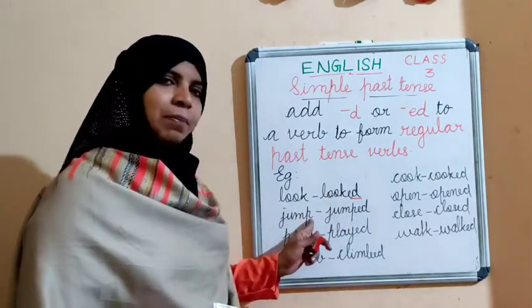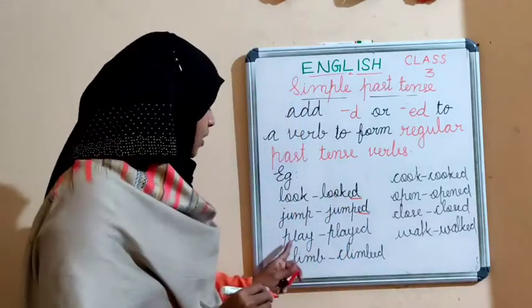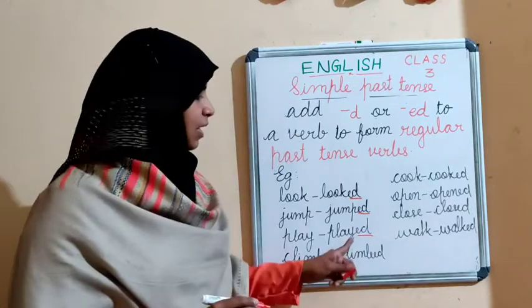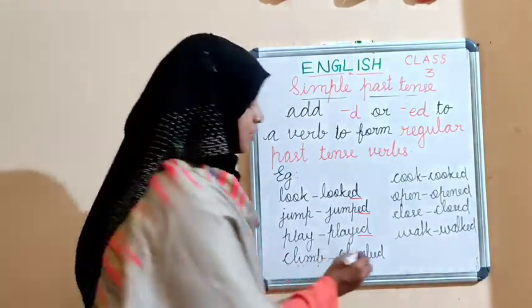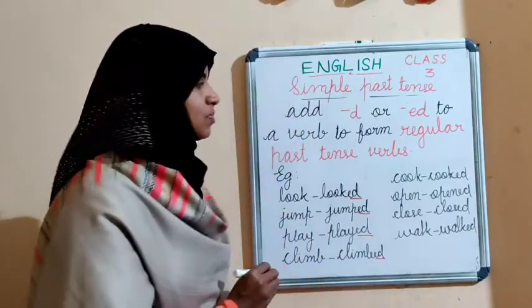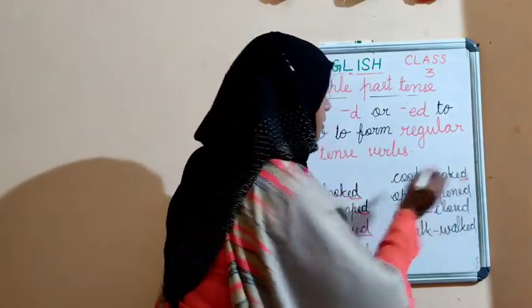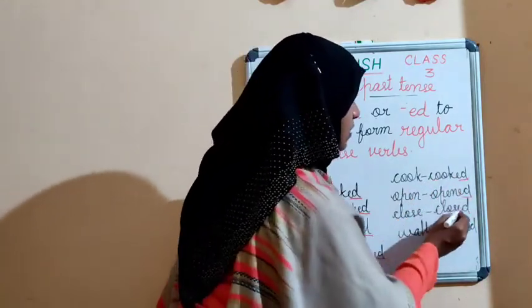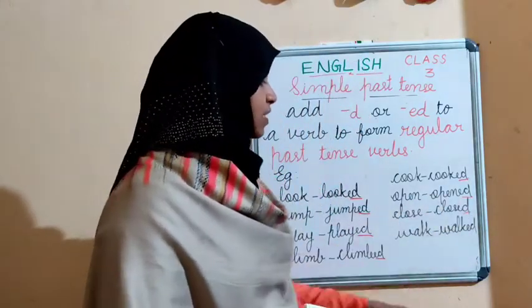Next, jump. Jumped. Okay. Play. Played. Added ED. Climb. Climbed. ED. Cook. Cooked. Open. Opened. Close. Only we added D. Closed.